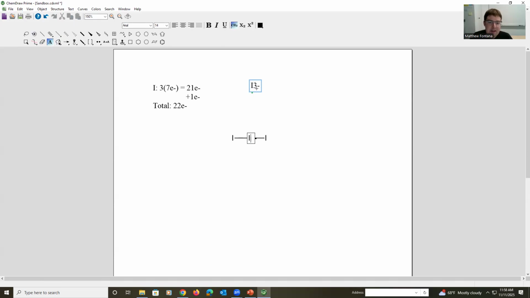One pro tip I can give you: I like writing out my Lewis structures using Arial font. But the downside of using Arial font with iodine is that the I looks the same as an L, so it can get confused with an L or like chlorine. It gets confusing for people.